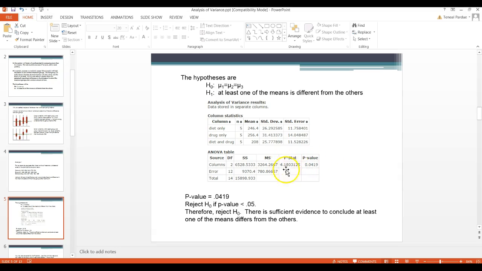The test statistic for the ANOVA is the F. It's a ratio of the between-group variability and the within-group variability. But you don't need to worry about that really, just worry about the p-value. So the p-value is 0.0419. If we're using 0.05 as alpha, that means we'll reject H0 and say that there is sufficient evidence to conclude that at least one of these means differs from the others.